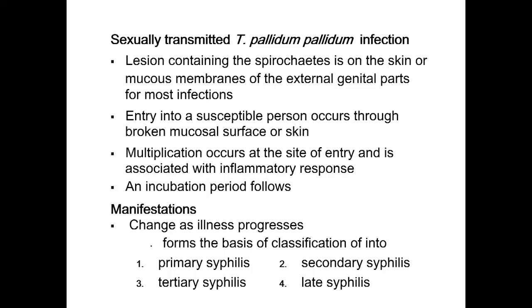So there's an individual with a lesion on the external genital part due to the infection, and then that person gets into contact with another person, and the organisms would enter that susceptible person through broken mucosal surface or the skin, and that would not be something that is a big wound on that susceptible person's genital part.